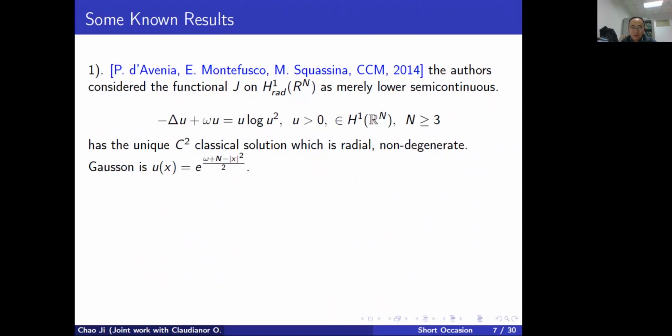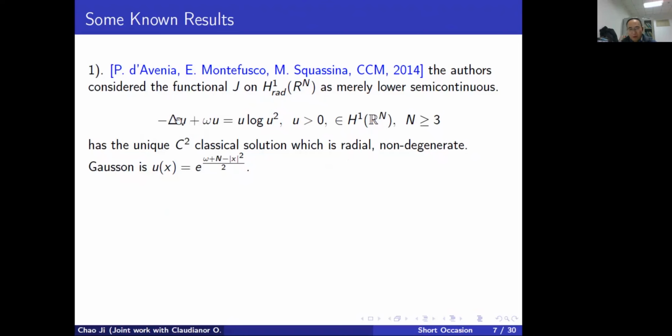In effect, they use a nonsmooth critical point theory. They obtained infinitely many solutions, and every solution is radial. Moreover, for this equation, where here is a constant, they prove it has a unique C2 classical solution, which is radial and nondegenerate.